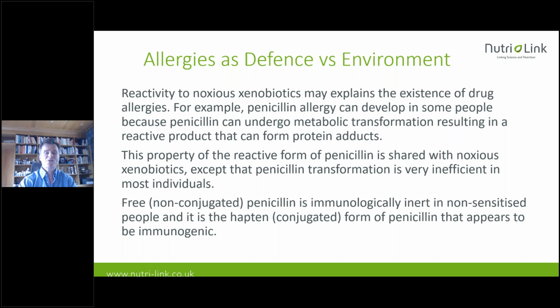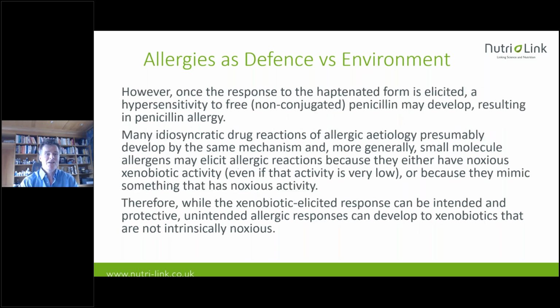So some more information here, and it's talking about penicillin. I didn't know this before preparing this webinar. I didn't know that penicillin was very poorly dealt with in the body, and it's immunologically inert in non-sensitized people, but it's the hapten, which is a conjugated form of penicillin, that appears to be immunogenic.